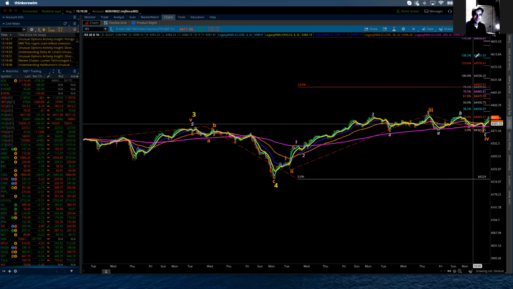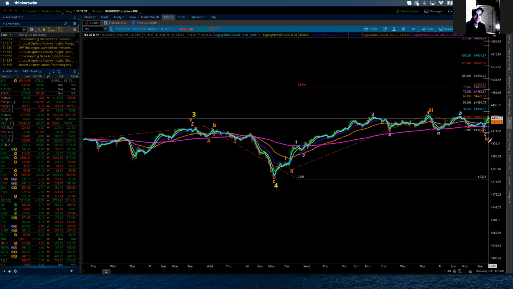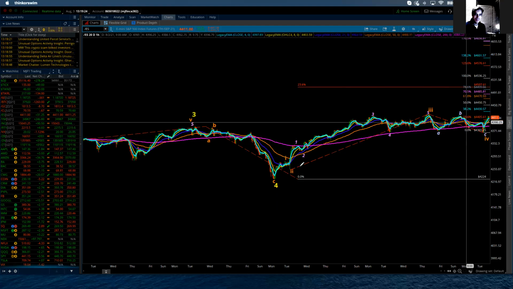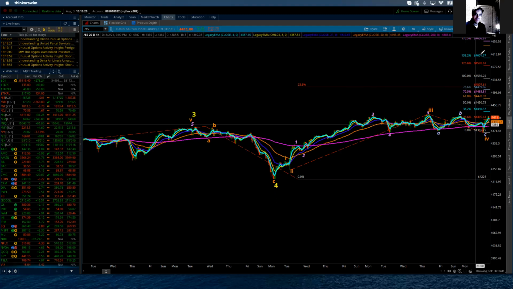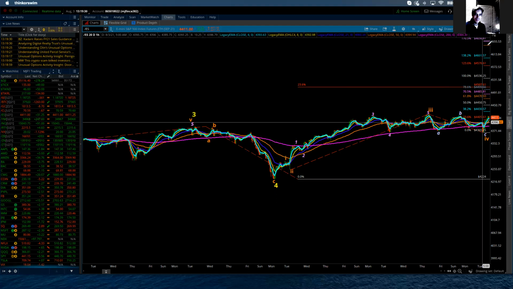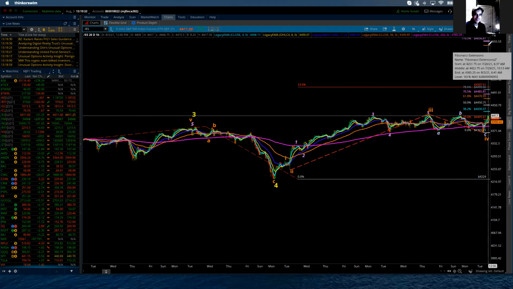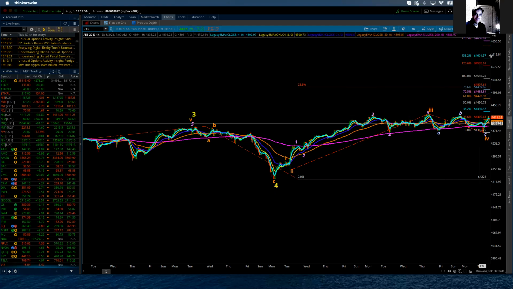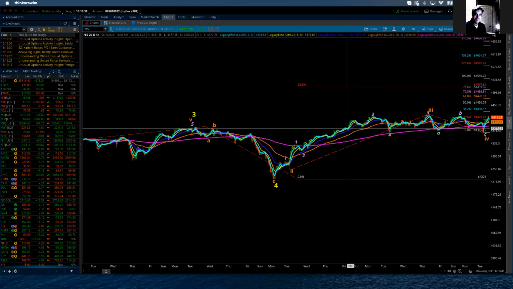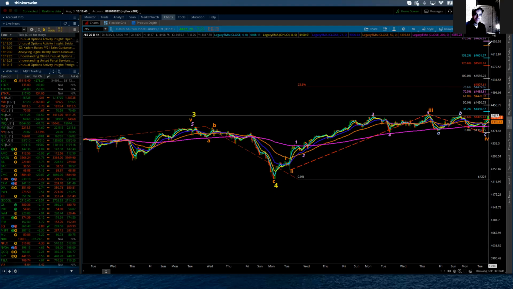I mean, 1.382 of this minor wave 5 in relationship to minor wave 3 comes in at 4,601. And then the 1.618 at 4,642. So yes, this minor 5 can get up there and then also complete that intermediate 5 at the same time.